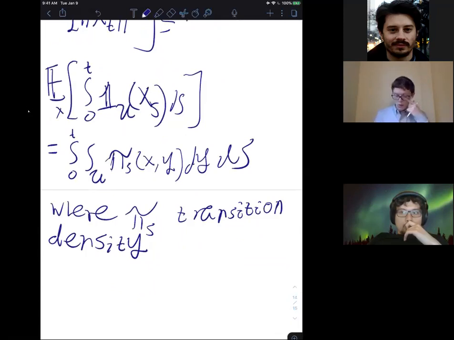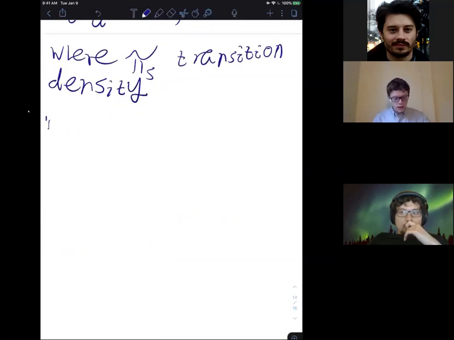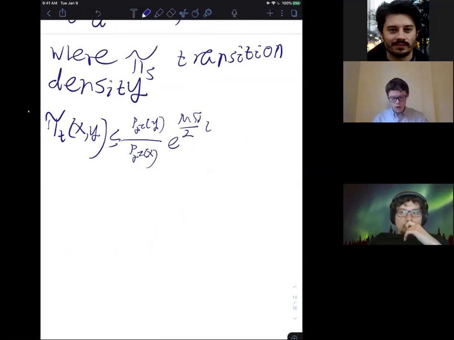Well, we can again use Girsanov to bound the transition density with respect to a Gaussian. So we have that pi_t of x, y is less than or equal to p_sigma squared of y over p_sigma squared of x times e to the m root d over 2t times g_t of x, y, where this is just the solution to the heat equation, the Gaussian with variance t.